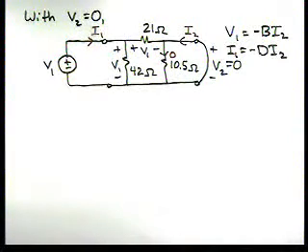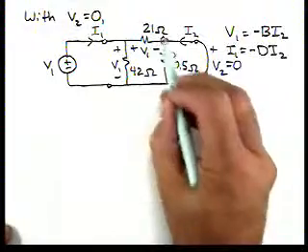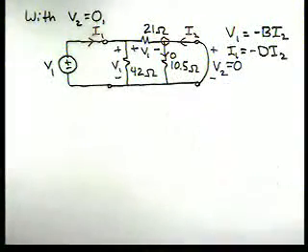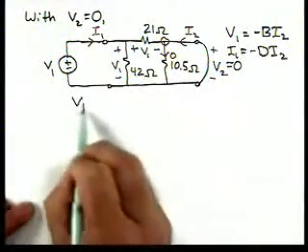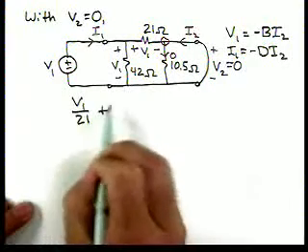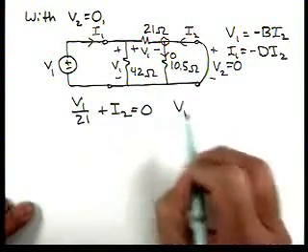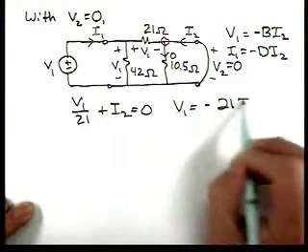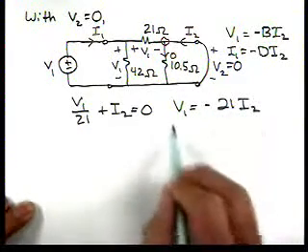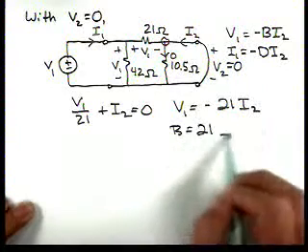So if we apply Kirchhoff's current law at this node, we'll get V1 over 21 plus I2 equal to 0. So we get V1 is equal to minus 21 I2. So then that tells us that B is equal to 21 ohms.